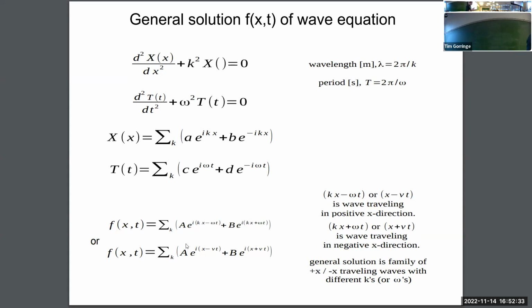For simple cases where you just have a sinusoidal wave on the string, those are readily solvable analytically.